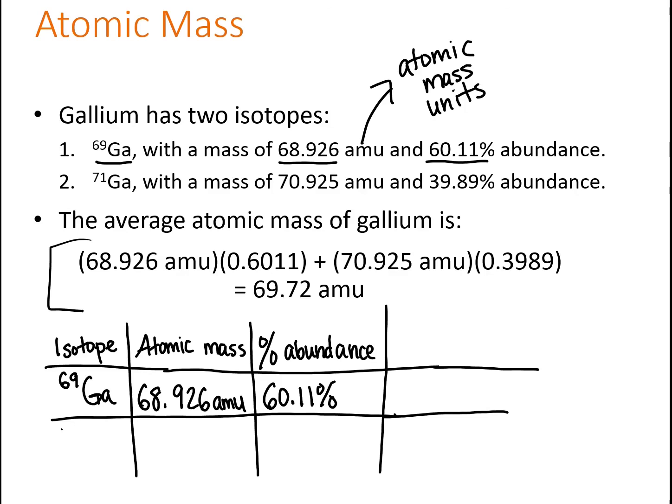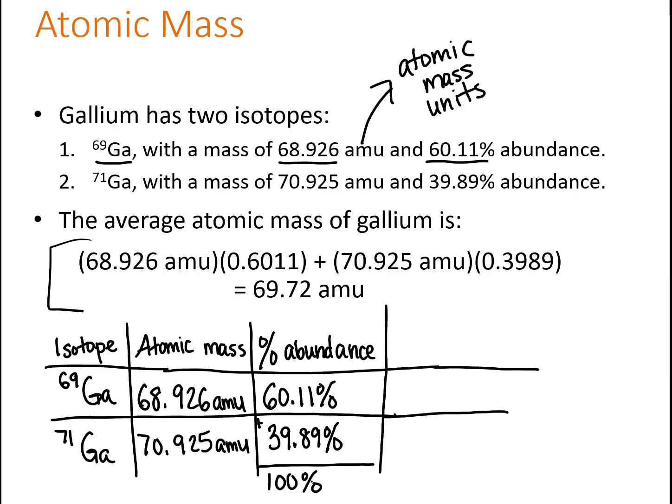The second isotope for gallium is gallium-71. Its mass is 70.925 AMU, and its abundance is 39.89%. One thing that you should note is that we're talking about percent abundance, which means if you add these two up, you should get 100%.